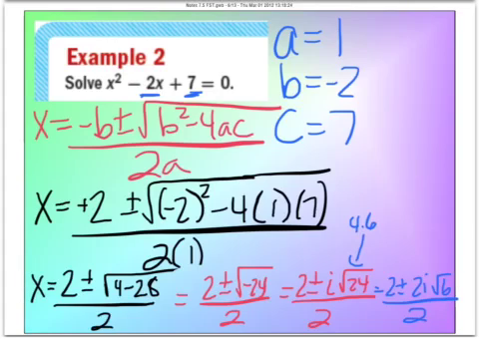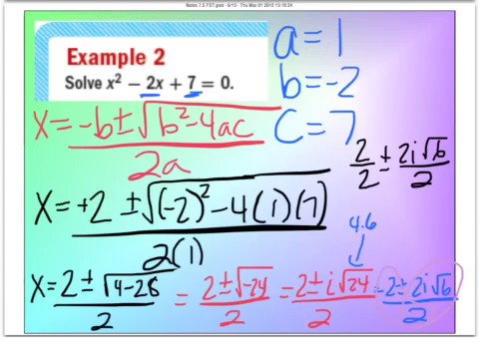Now this is a complex number with a real and imaginary component, and typically at this point they're going to have you break this up into 2 parts. It would be this and this. So when you break it up, you're going to write 2 divided by 2 plus or minus 2i square root of 6 over 2.